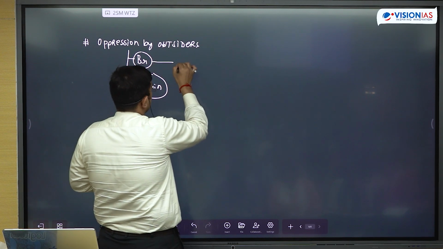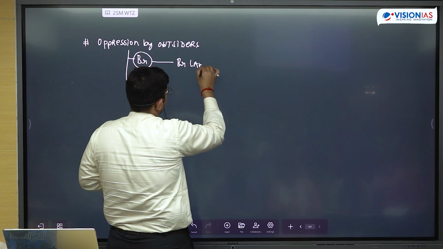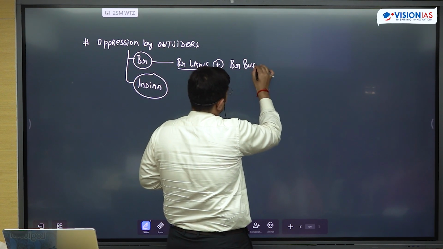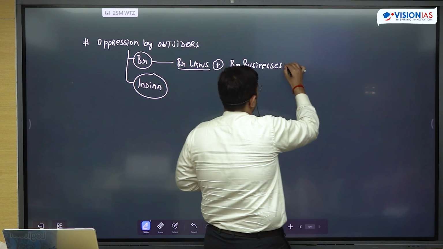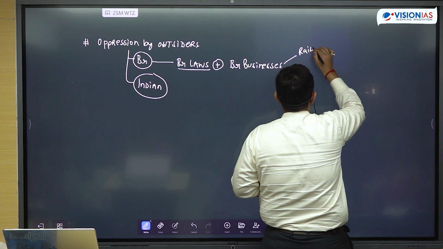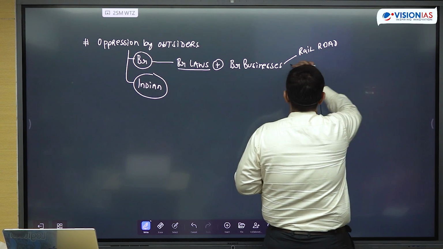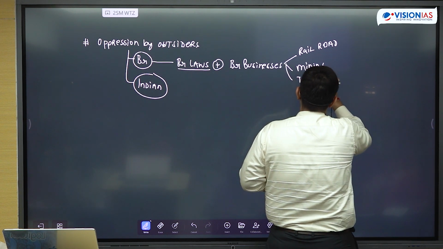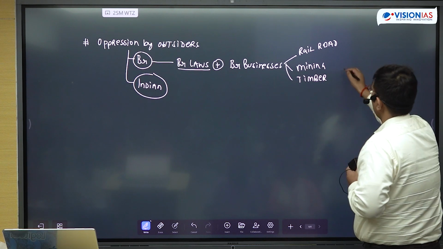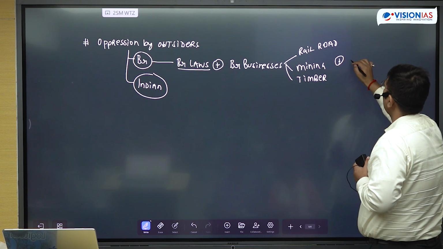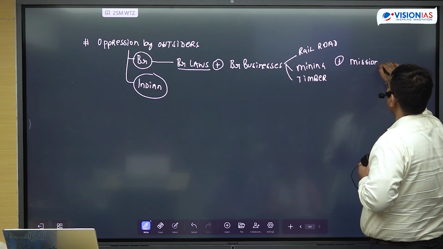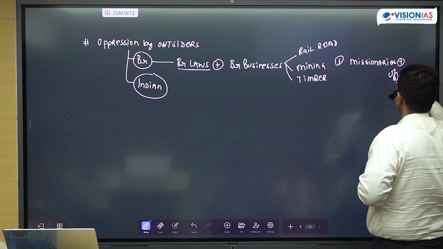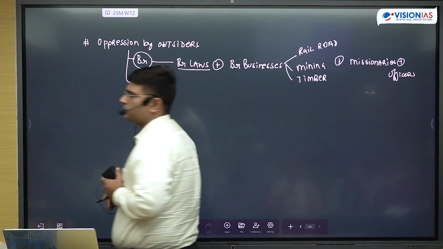British outsiders in the form of British laws plus British businesses who invested in railroad projects, mining projects, timber projects, plus Christian missionaries, and obviously the British officers. So these are the British outsiders.